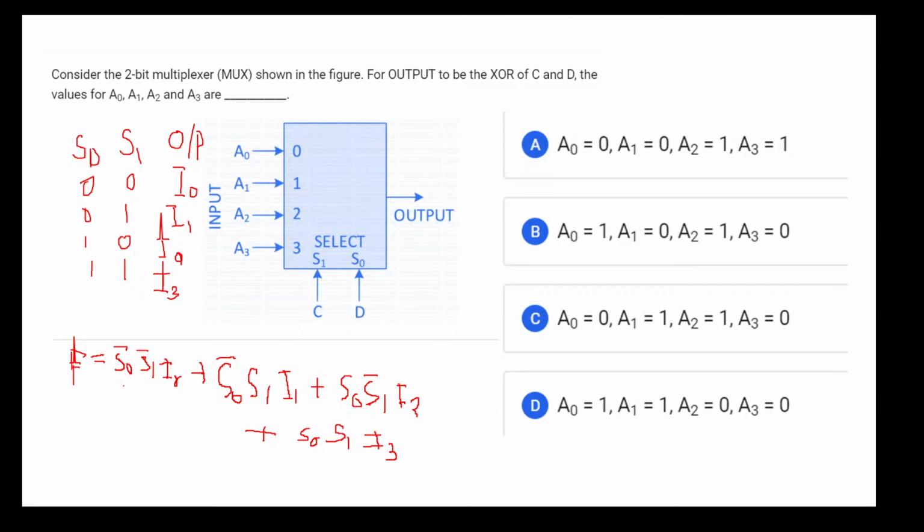So in the same formula, I will replace S1 with C and S0 with D, and similarly replace the input values I0, I1, I2 and I3 respectively with A0, A1, A2 and A3.